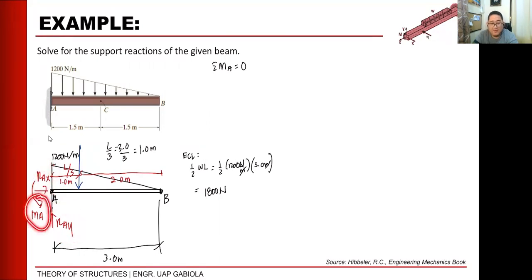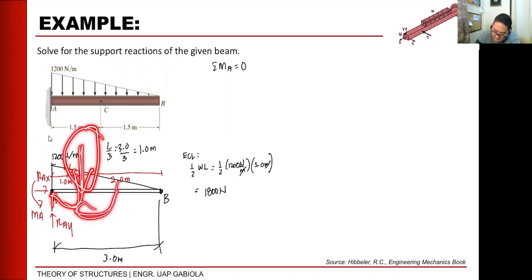Okay? Again, si moment, hindi niya kailangan ng distance para mag-rotate. Kahit saan siya nakalagay, kahit doon sa mismong point, kapag may moment tayo, pwede siyang mag-cause ng rotation doon. Okay? So, lagi siyang present. Okay, so dito, yung loading natin is ito. So, papunta siya doon. So, clockwise direction tayo. Okay? So, clockwise is positive.